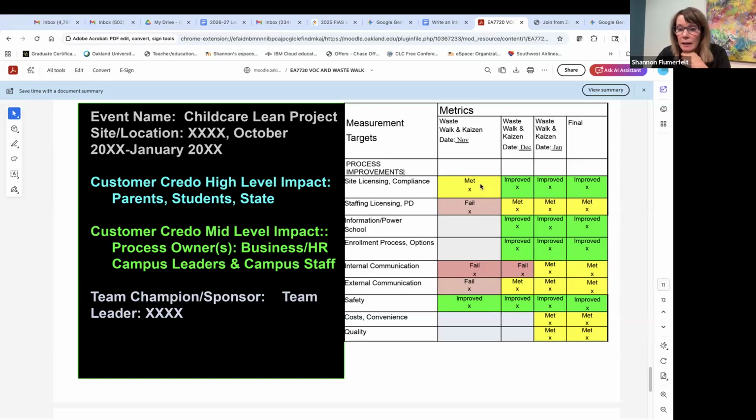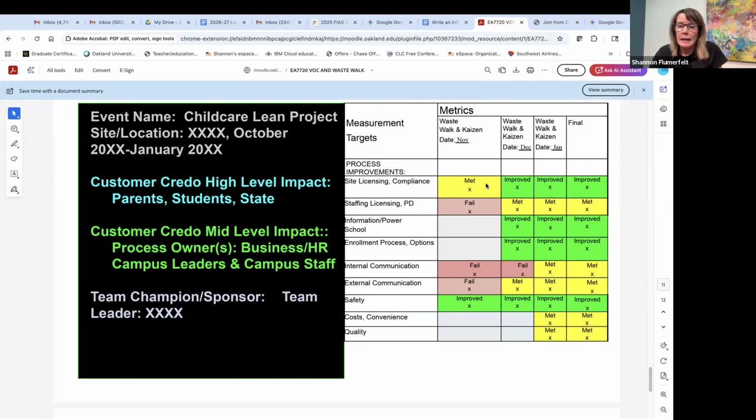And so we had site licensing, staff licensing, internal, external communication, of course, safety. And so we are very worried about these ones, having to do with compliance around the site and staff. We're very worried about safety, right? So these were big ones. So we set up our process improvements for them.